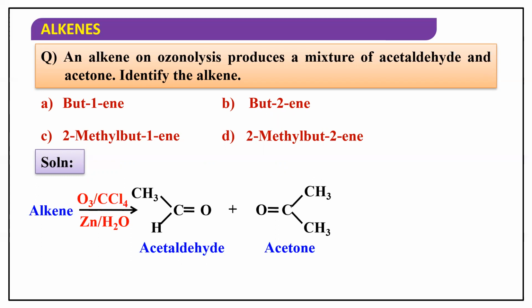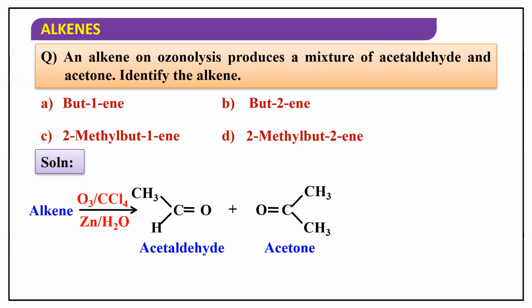In fact, finding the answer does not require you to write down all the steps. All you need to do is remove both the oxygen atoms, oxygen from acetaldehyde and oxygen from acetone, and join the carbon atoms by a double bond. You get an alkene. That is your starting alkene.